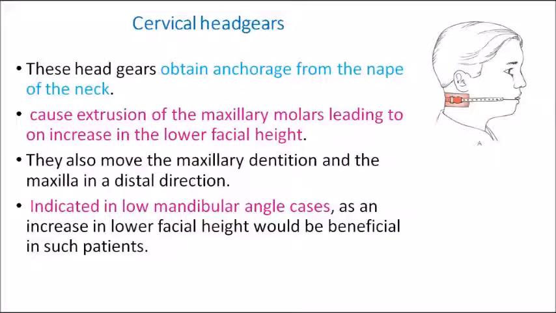Now, apart from that, the headgears can also help in distalization of the dentition as well as the maxilla as such. Now, an advantage of giving cervical headgear is that it can achieve the above mentioned two things. The first one is to intercept the growth of the unwanted skeletal component of the maxilla. The second one is to distalize the maxilla as well as the maxillary dentition.